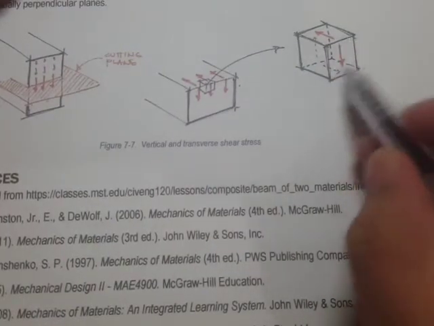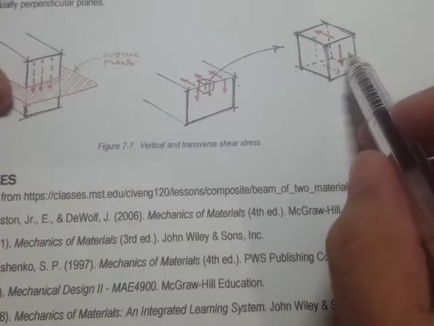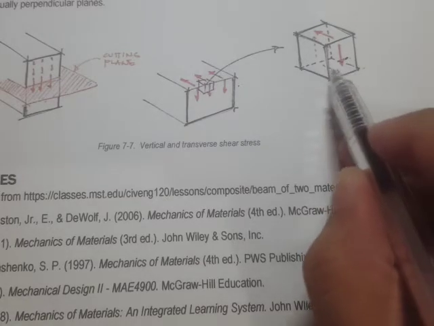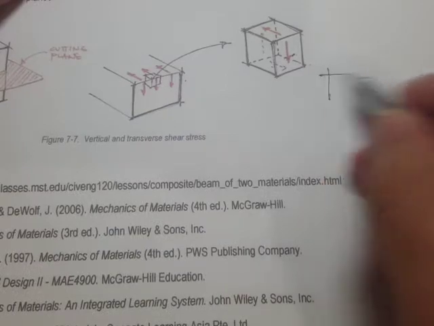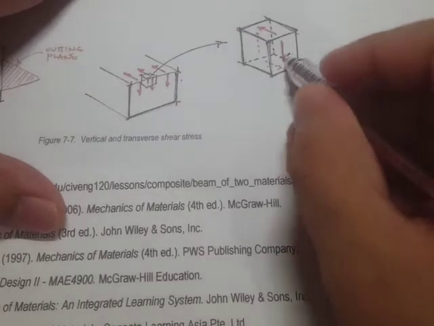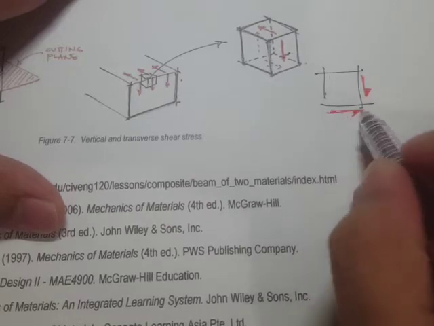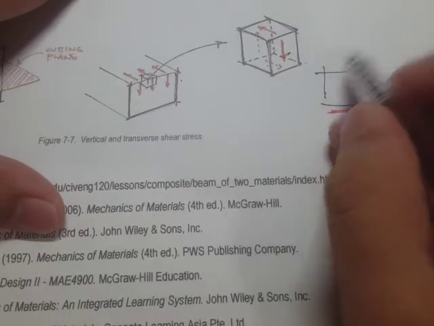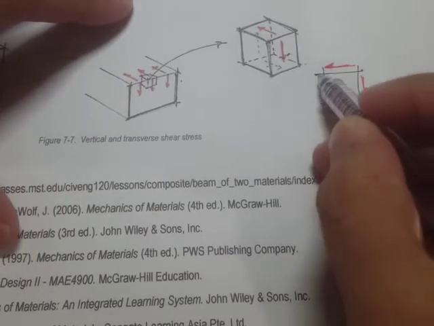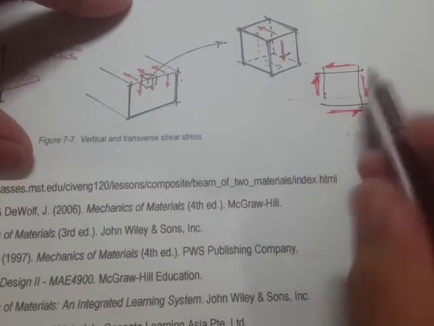Here's our shear stress that's seen if we cut a section perpendicular to the longitudinal axis. But the reality is that there's also shear stress acting like this. If we draw in 2D, and this shear stress is right here, there's going to be another shear stress at this face. The equilibrium equation necessitates that there must be shear stress here as well, just to obtain equilibrium. So just take note of that.